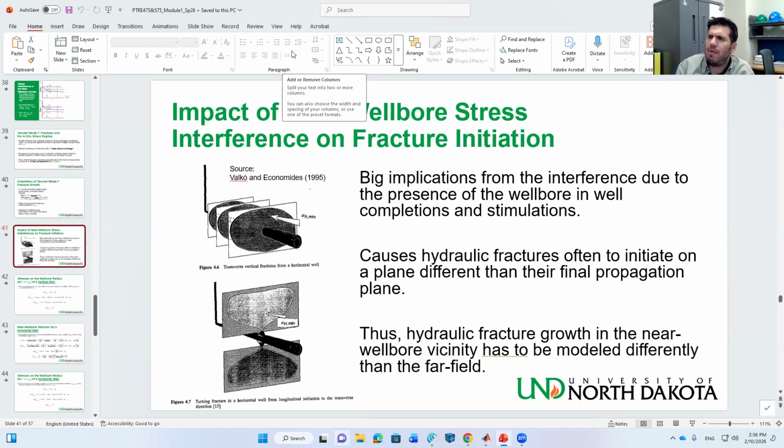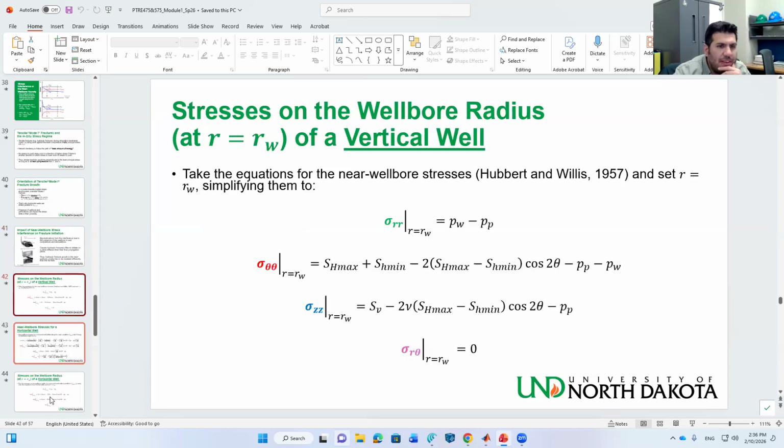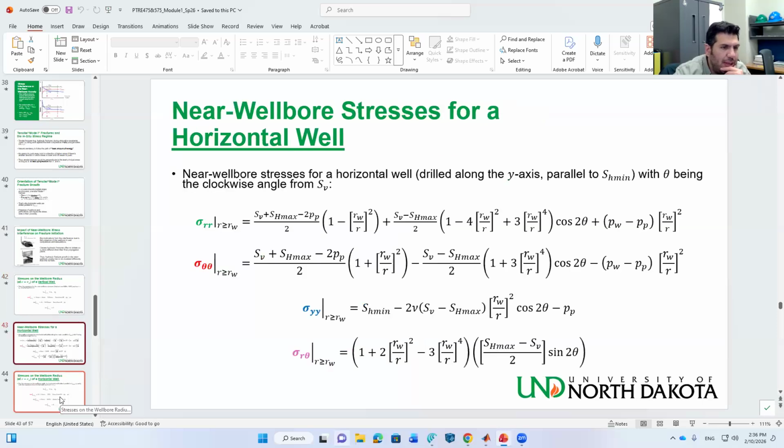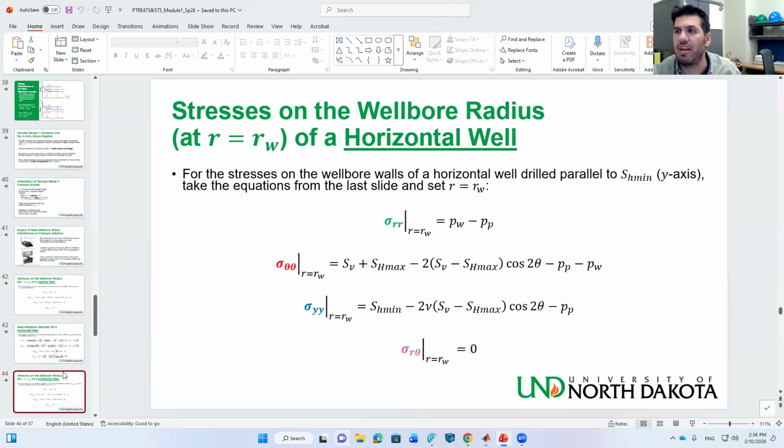But ultimately, what I'm trying to say is that longitudinal fractures in the near wellbore region and the near wellbore tortuosity that they are triggering can cause a lot of problems to your hydraulic fracture treatment. We talk about the stresses in the near wellbore region, a version of those near wellbore stresses that has static pore pressure after Hubbard and Willis.